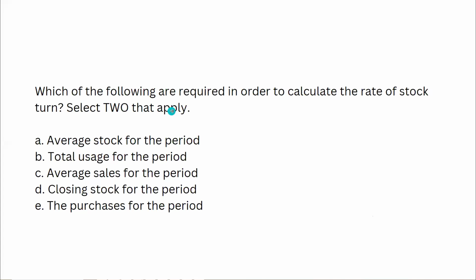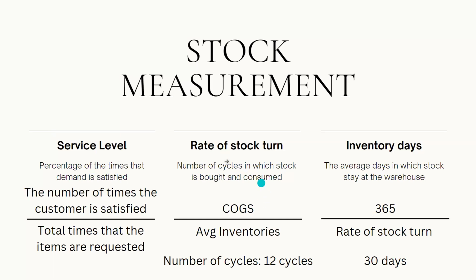All right, so actually this question just addresses a matter about the formula of the rate of stock turn. Either search for this term online or in the study guide, stock turn or the rate of stock turn, and they all come up with a single formula.